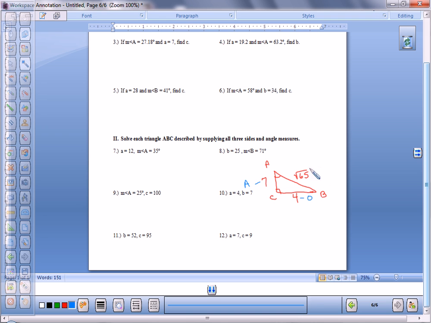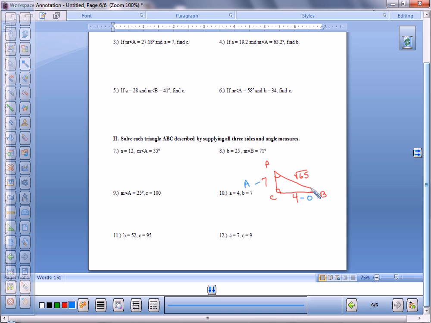Would I want to use this number? No. So you never choose the one that you just found, because if you accidentally added wrong and you use this number to find the angle, what would happen to the angle? It would be wrong. We would have a compounding error. I'd have to mark it wrong here and there and there. So we're never going to use the one that you found. Always use the two you were given.